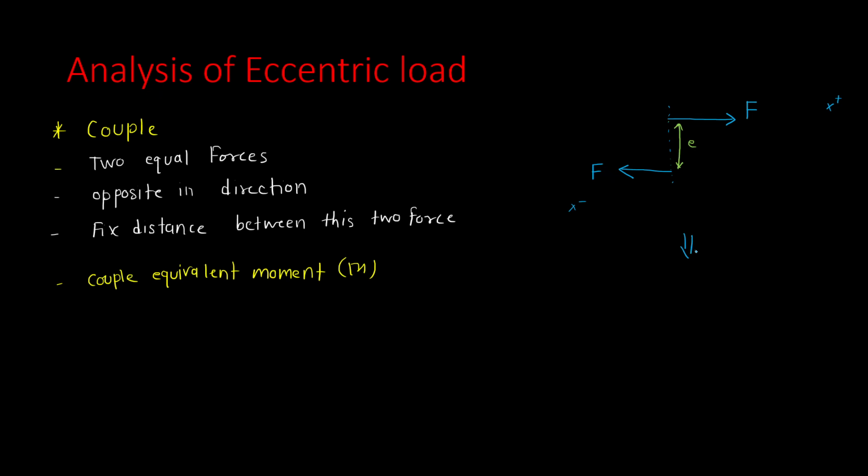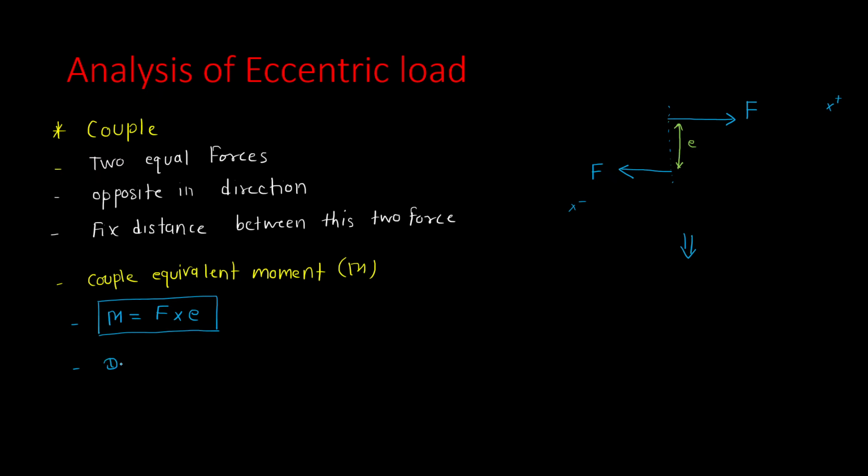Now how to find out the value of that moment and the direction of the moment? The value of that moment is M equal to force multiplied by the perpendicular distance between these two forces. So this is the value of the couple equivalent moment.